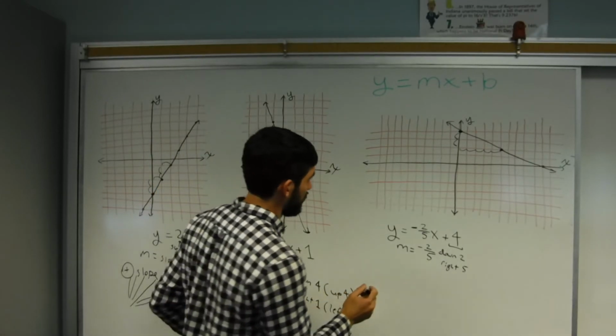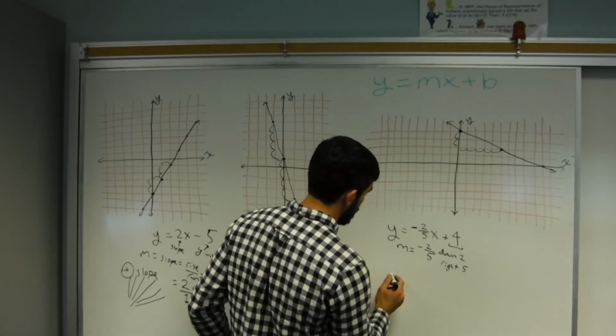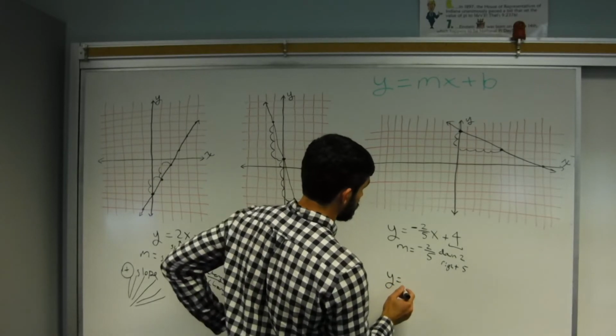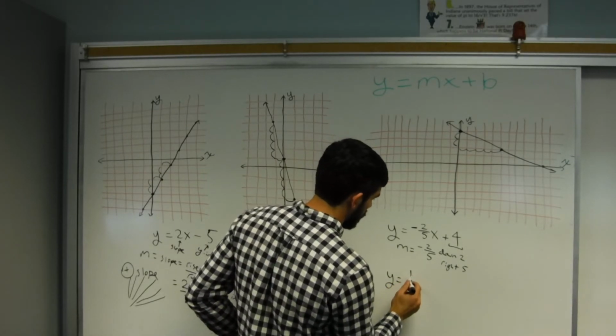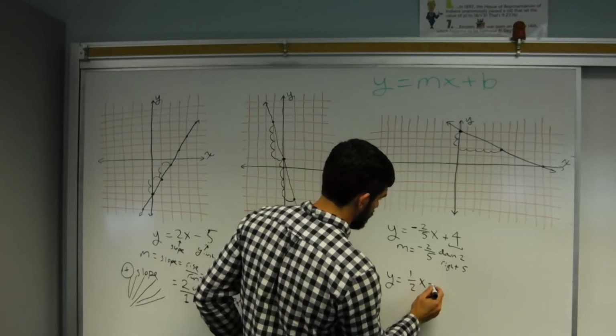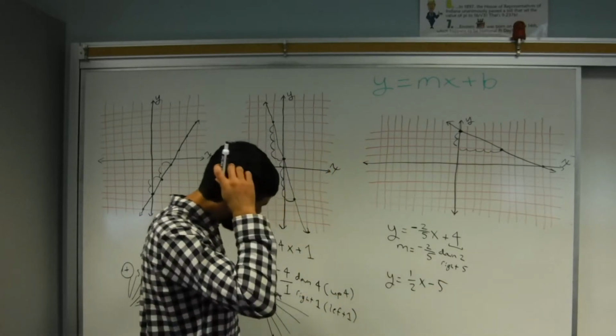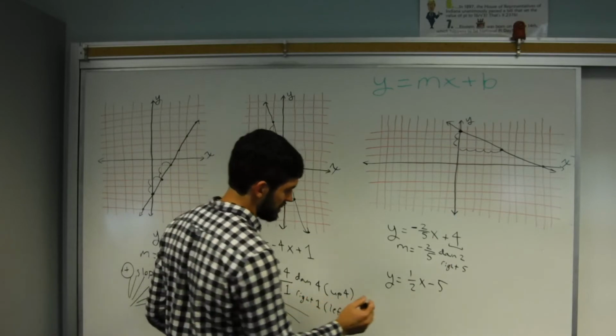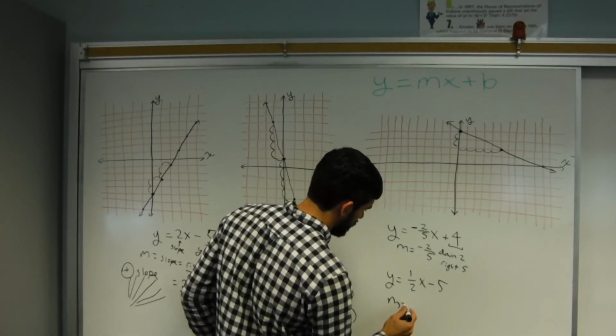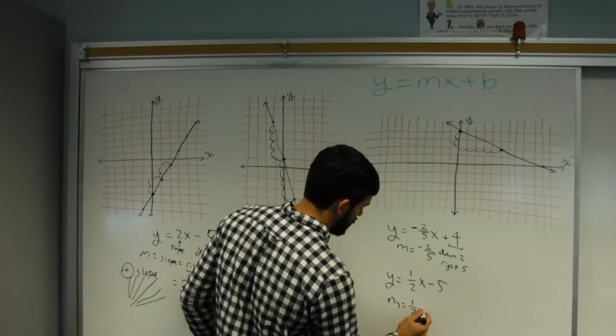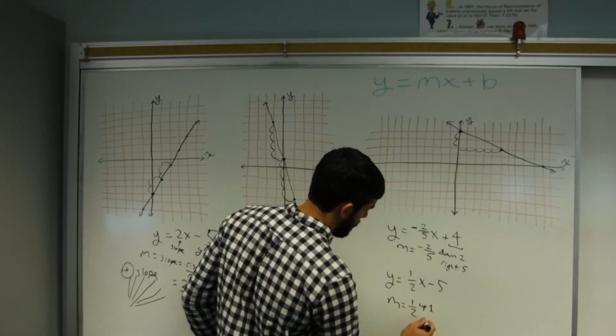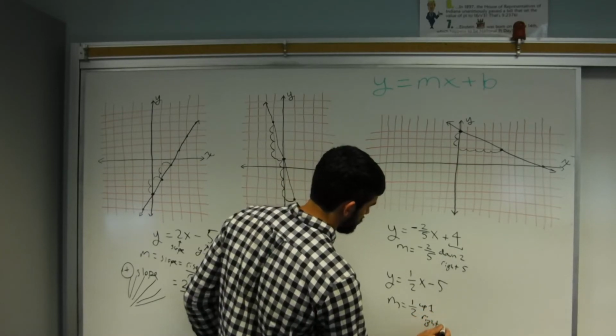If we have, say, y is equal to 1/2 x minus 5, we do the same process, except this time our slope, we're going up 1, right 2.